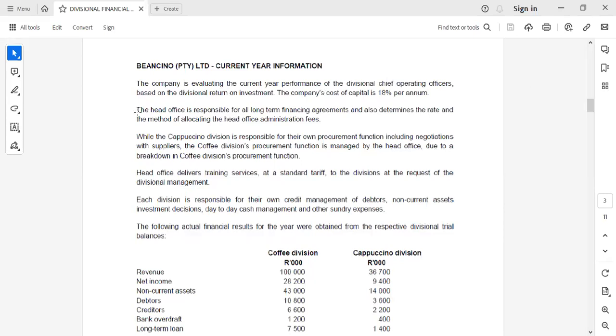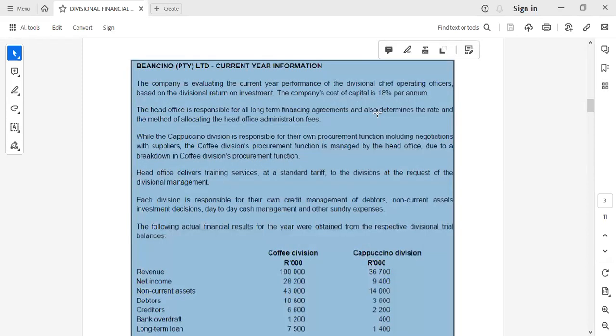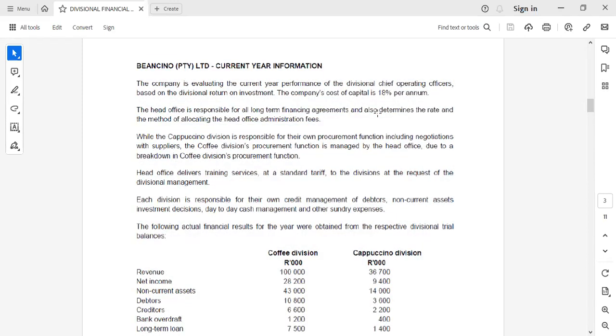The head office is responsible for all long-term financing agreements and also determines the rate and method of allocating the head office administration fees. So head office is determining long-term financing. What is the implication? That means when we evaluate the divisions, we don't take the long-term loans into account when determining the controllable investment.